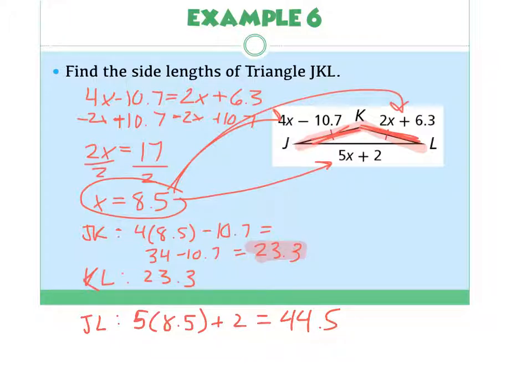So we found the 3 side lengths here. And yes, it's an isosceles triangle because we have the 2 tick marks, which show that 2 of the sides are congruent.